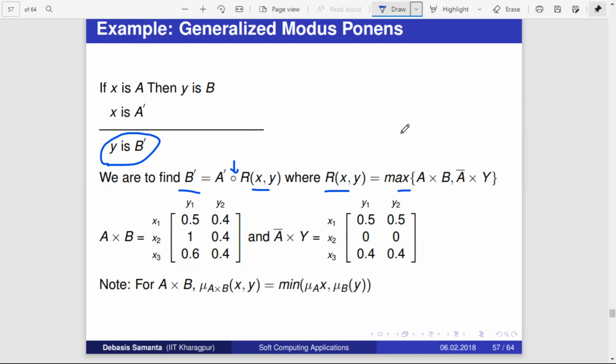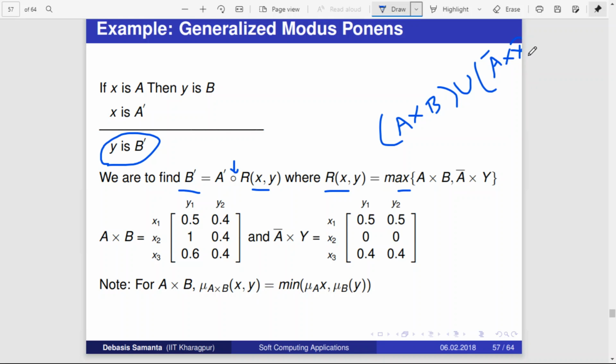Zadeh's max-min rule can be written like this: A cross B, it is max of A cross B, so you can say that A cross B union A dash cross Y.